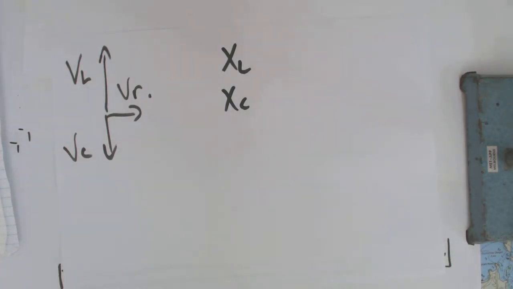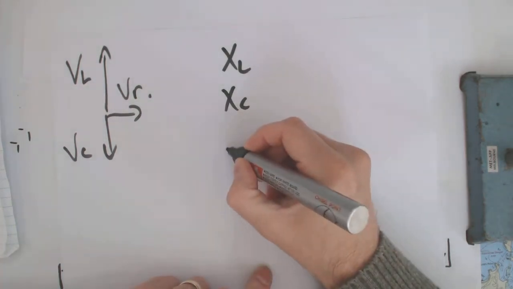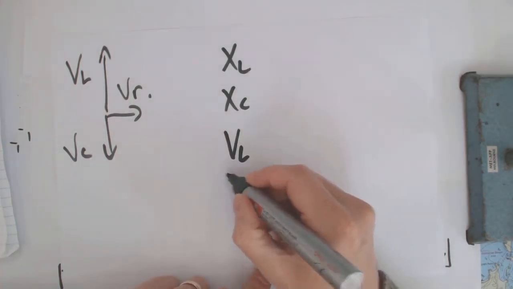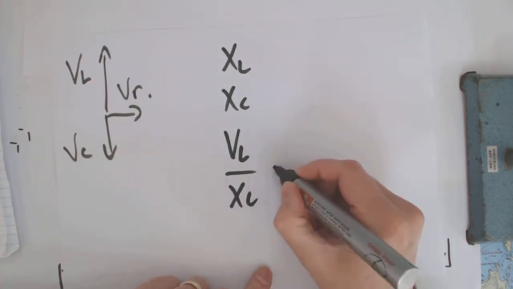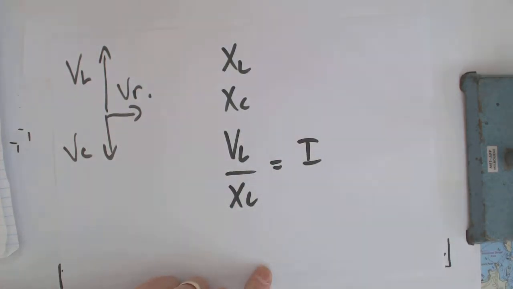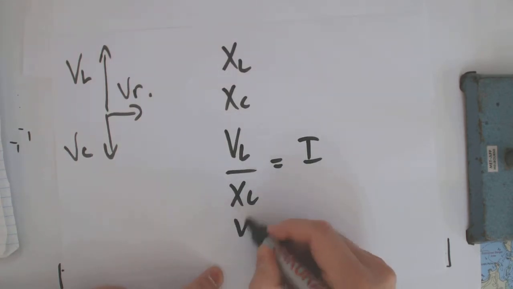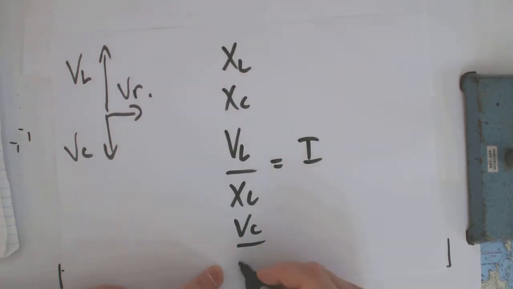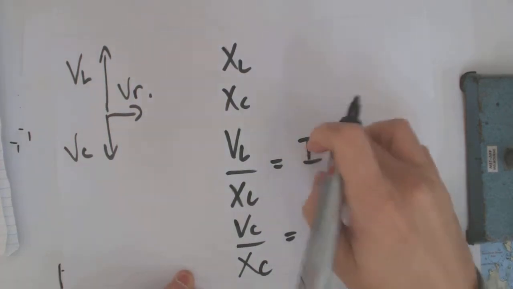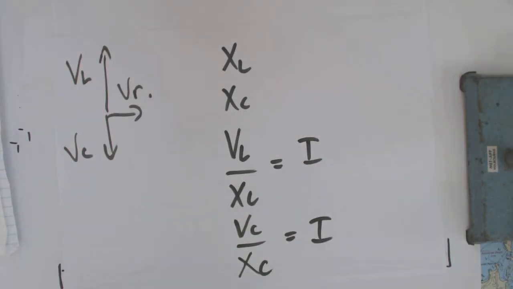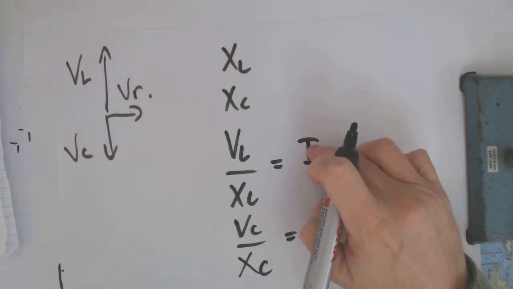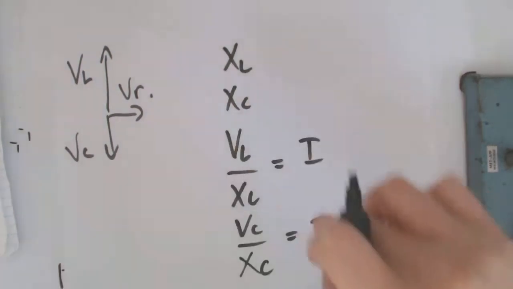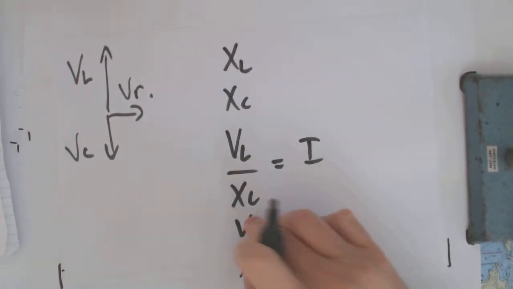So if we go VL divided by XL, we should get the current. And likewise, VC divided by XC should give us the current. Remember, the current stays the same throughout the circuit. So I times XL equals VL, and I times XC equals VC.